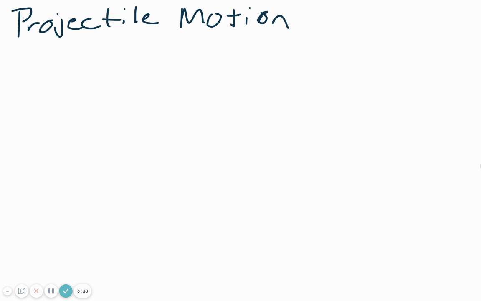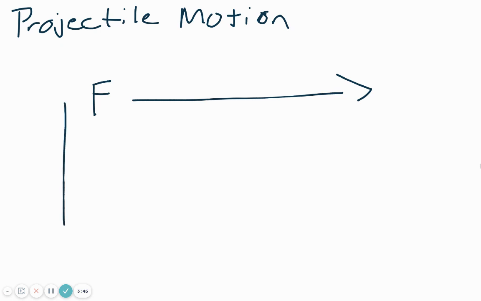So the first thing is that we talked about how projectiles have horizontal motion, which would be in this direction, and that's caused by some force that gave them that motion. That might be throwing, that might be shooting out of a gun, or something like that. The projectile also has vertical motion, which is caused by gravity, or G, okay?